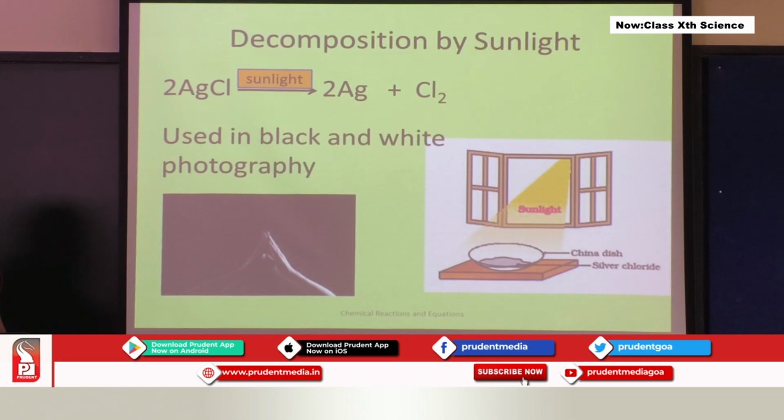Silver bromide also behaves the same way. When silver bromide is exposed to sunlight, it decomposes to form silver and bromine. Here there is only one reactant, two products, and this decomposition occurs with the help of sunlight.